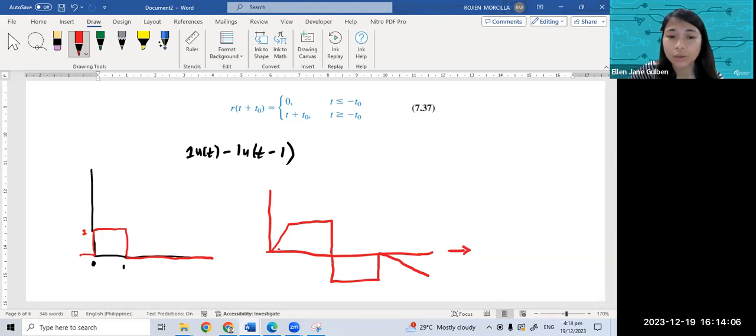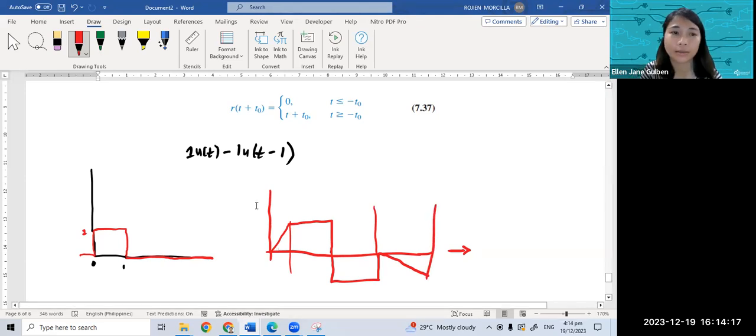This one would be a ramp, and then these others would be a unit step and another ramp right here. So, that's it for the introduction to singularity functions.